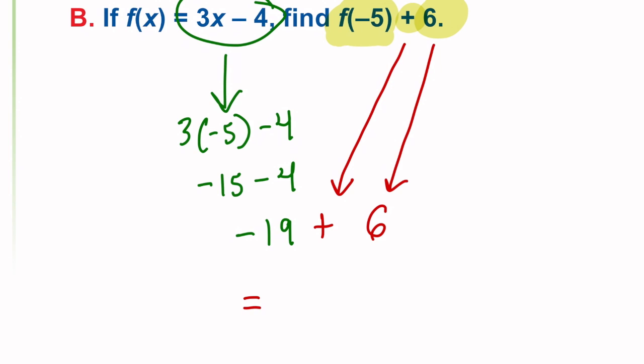It is negative 13. So when I do f of negative 5 plus 6, my answer is negative 13. It's a little different, but not too different from the first problems. It's just an additional step that you have to do.